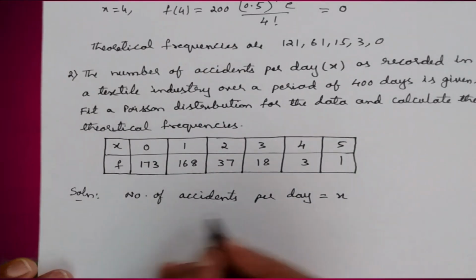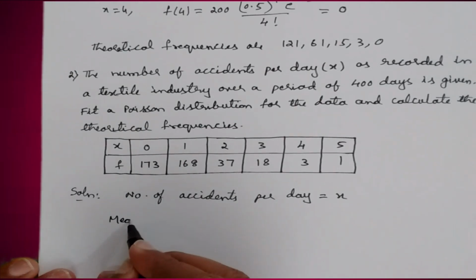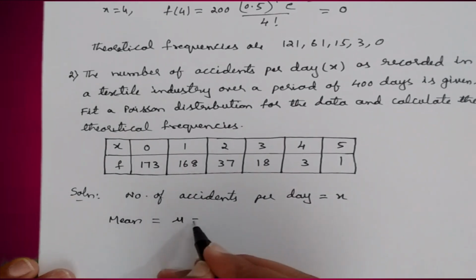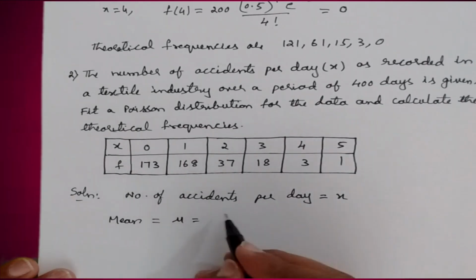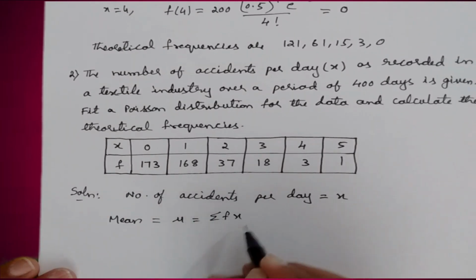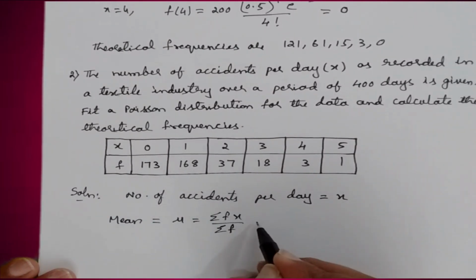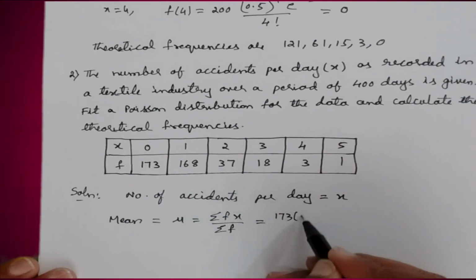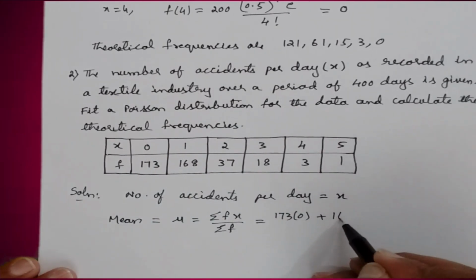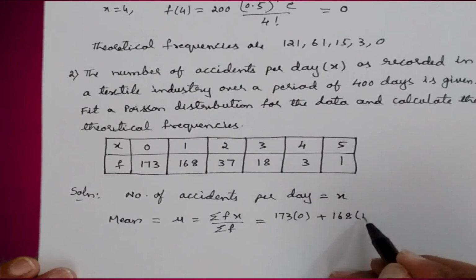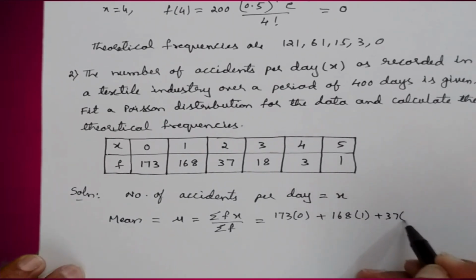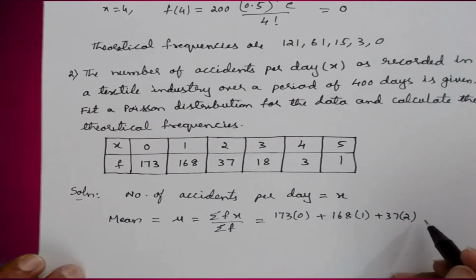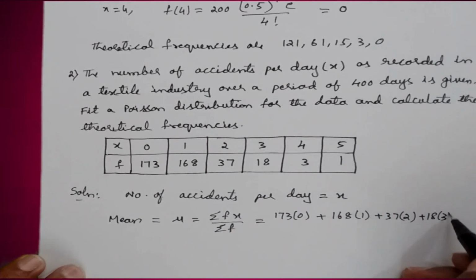The mean mu or m in this case will be equal to, the basic formula for mean mu is nothing but summation of fx divided by summation of f. So again we can calculate f into x as 173 into 0 plus 168 into 1 plus 37 into 2 plus 18 into 3 plus 3 into 4 plus 1 into 5.